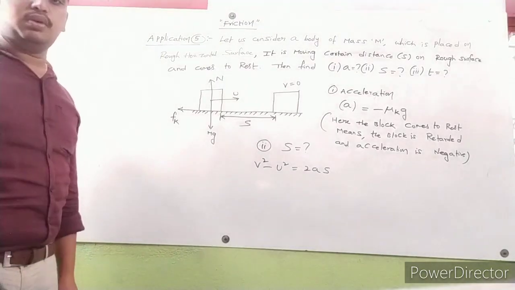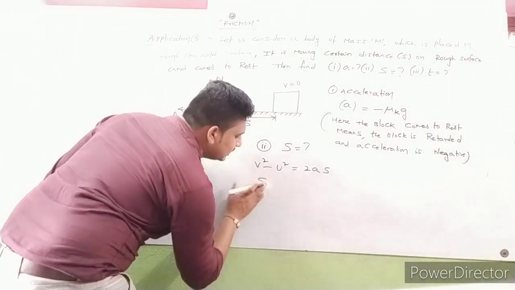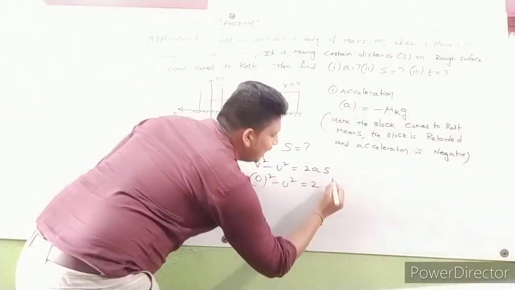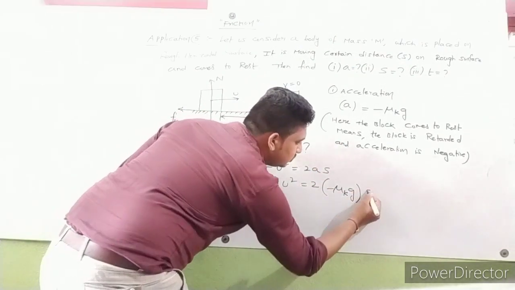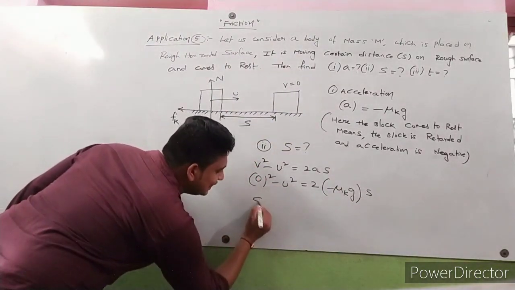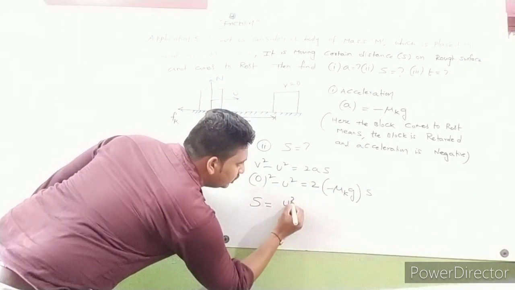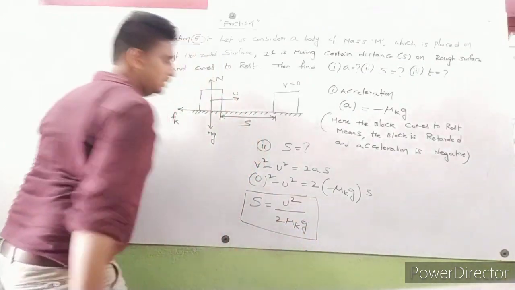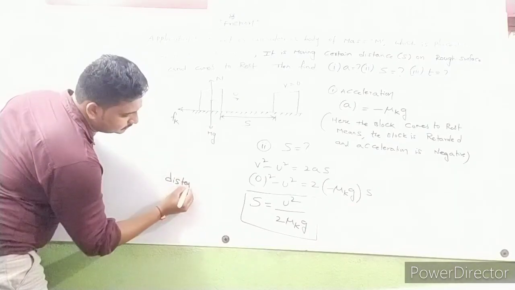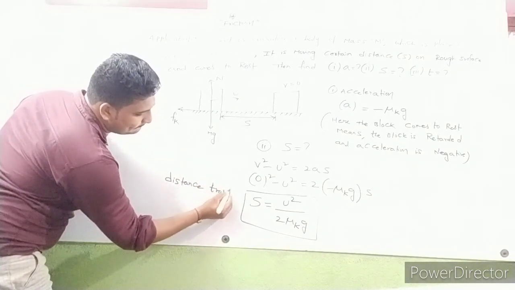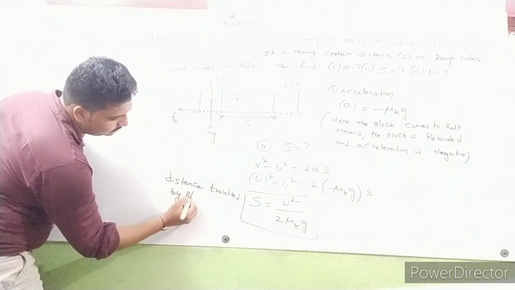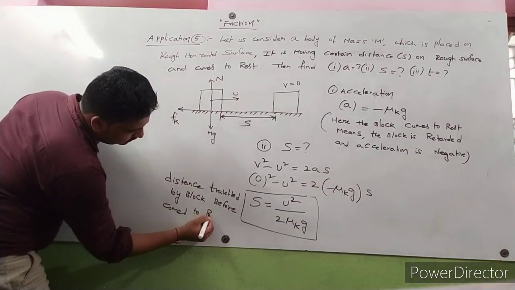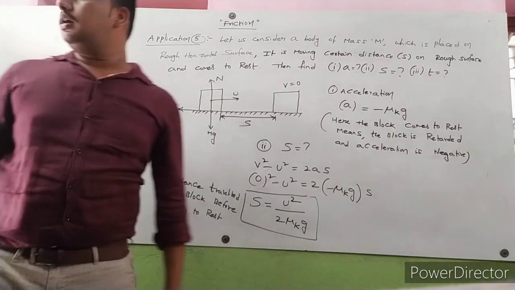Here v is 0, as you already know, so minus u squared equals 2 times minus mu_k g into S. From this, the minus signs cancel, and S is equal to u squared by 2 mu_k g. This is the total distance traveled by the block before it comes to rest.